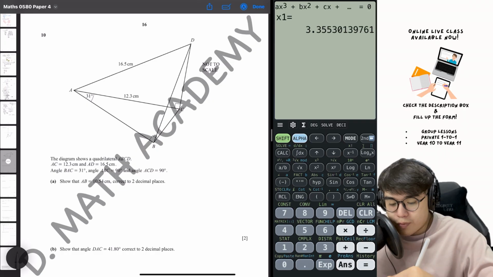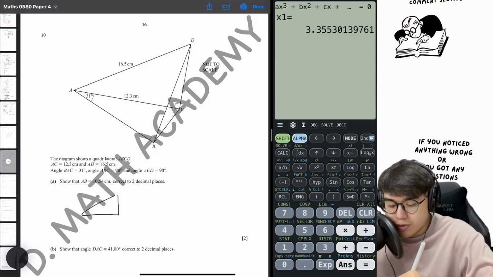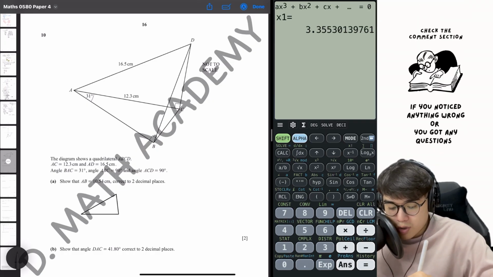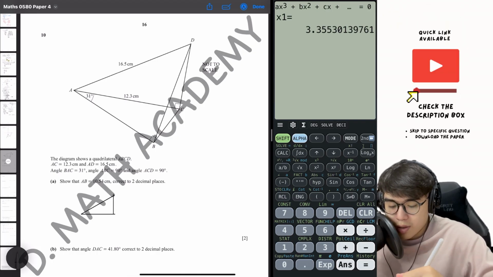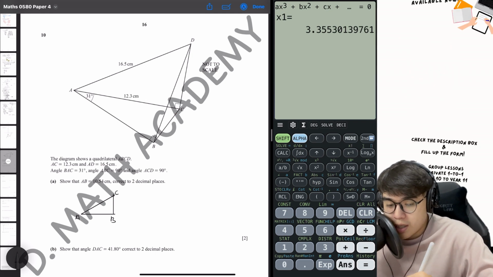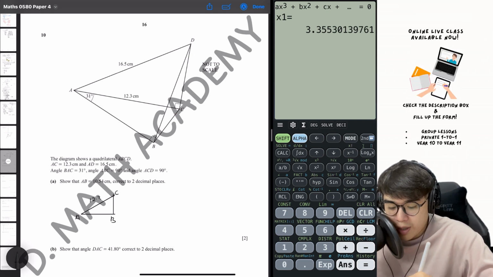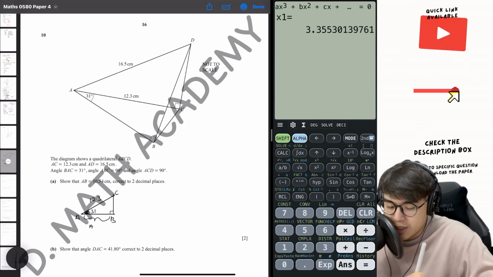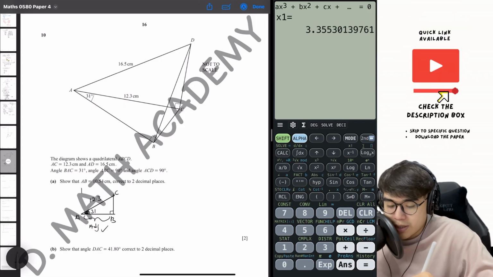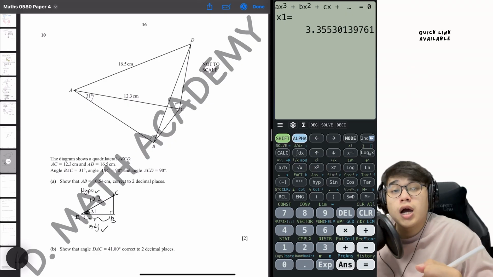So I will be drawing out this triangle that I'm using here. To be specific, I'm looking at A, B, C. AC I have 12.3, and this angle here I have 31. So AB is what I'm looking for, and AB happens to be the adjacent. Then this is the hypotenuse.